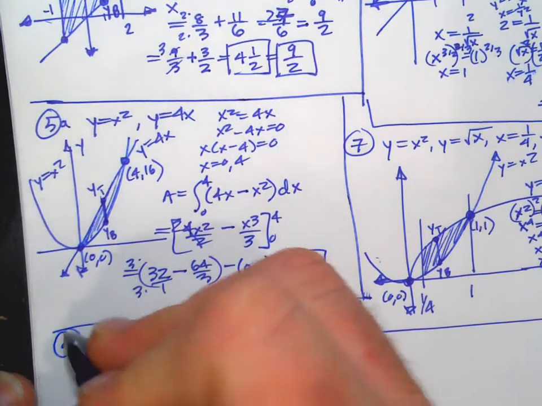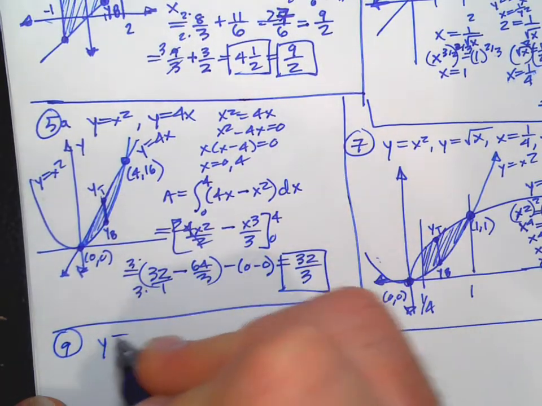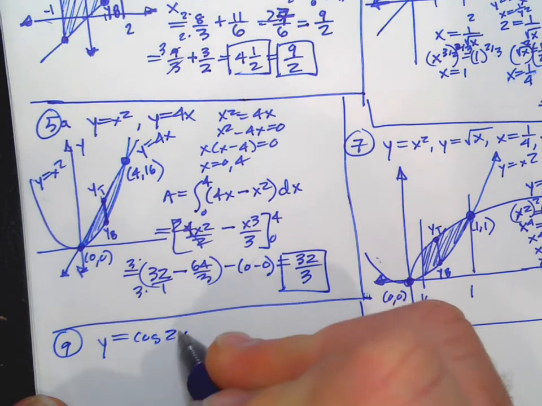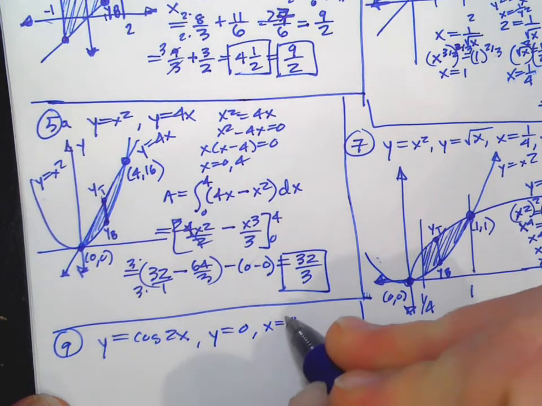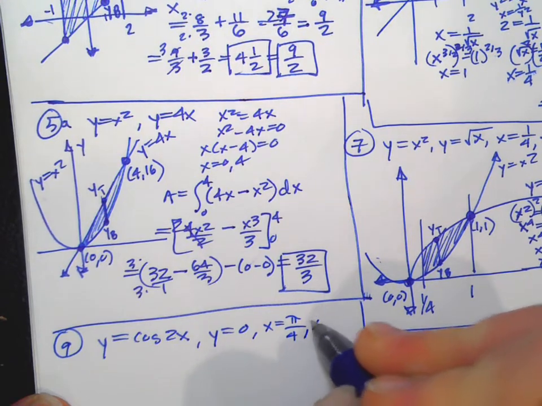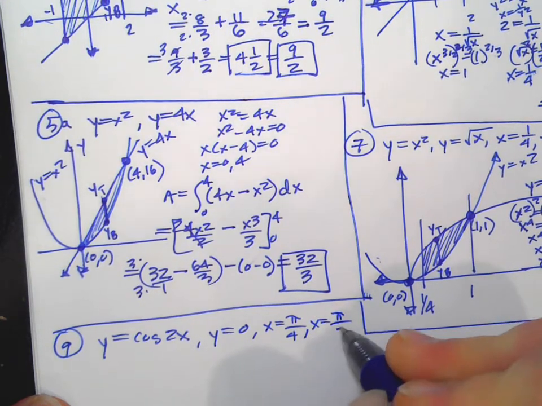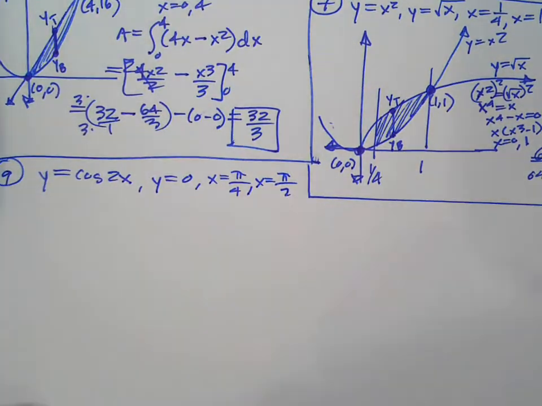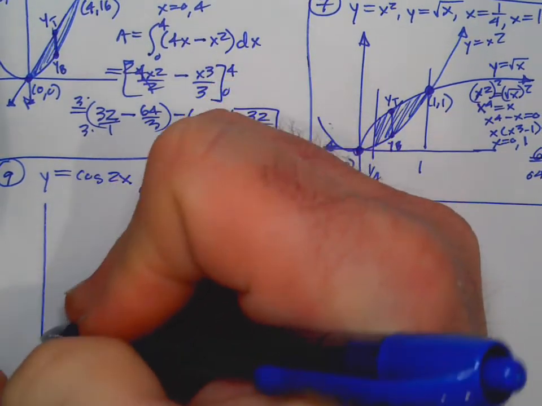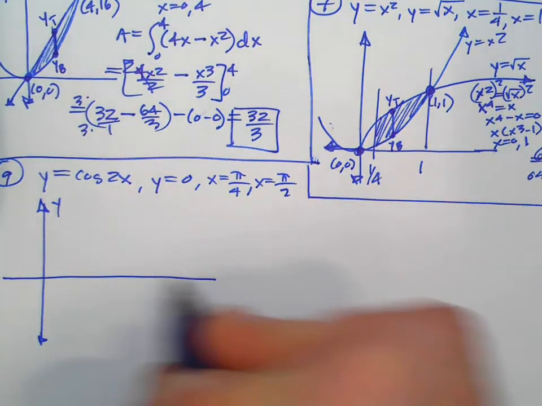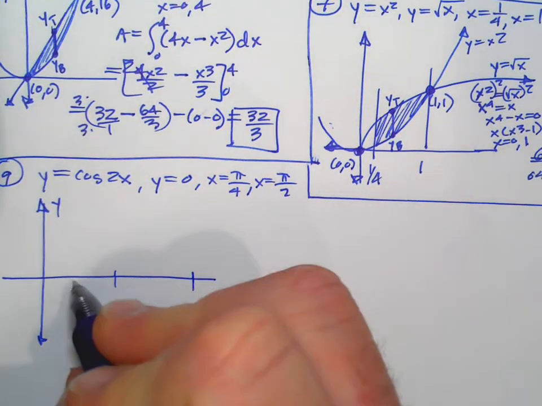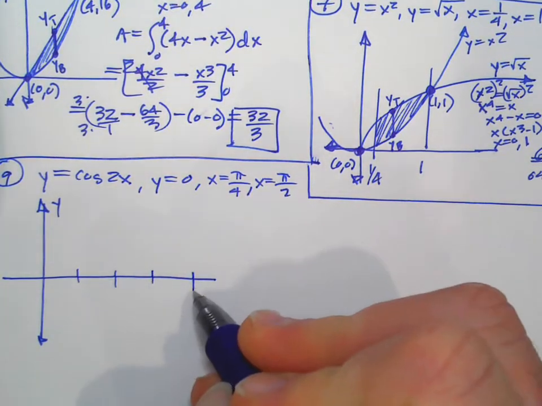Number 9, y equals cosine 2x, y equals 0, x equals pi over 4, x equals pi over 2. So let's get a drawing going here. It's a cosine curve, which you guys should be able to break up, chop it up into halves.